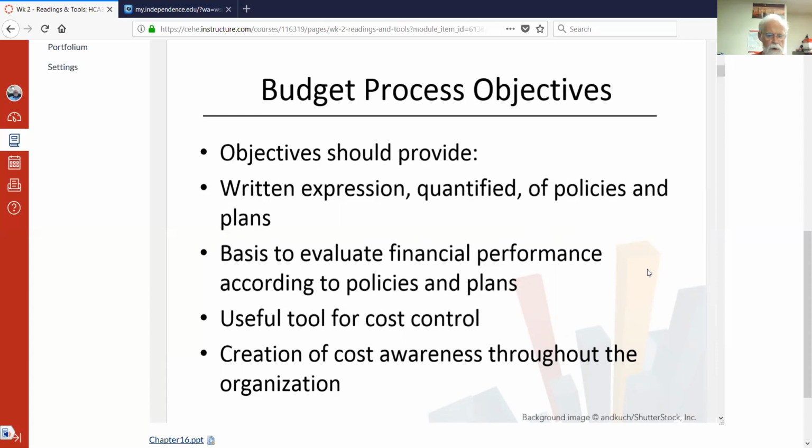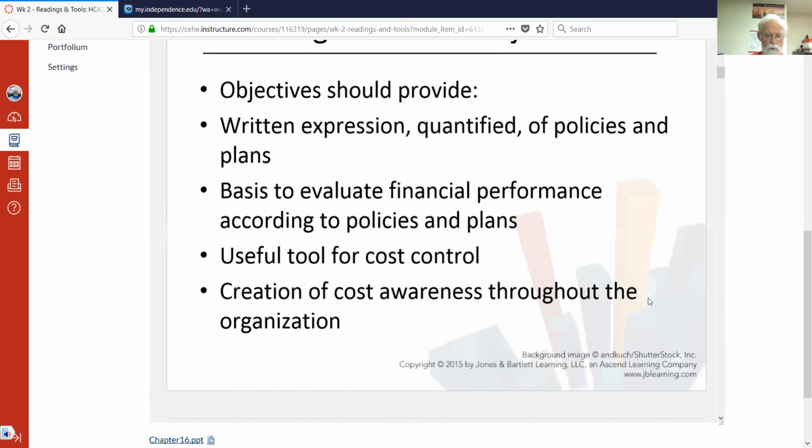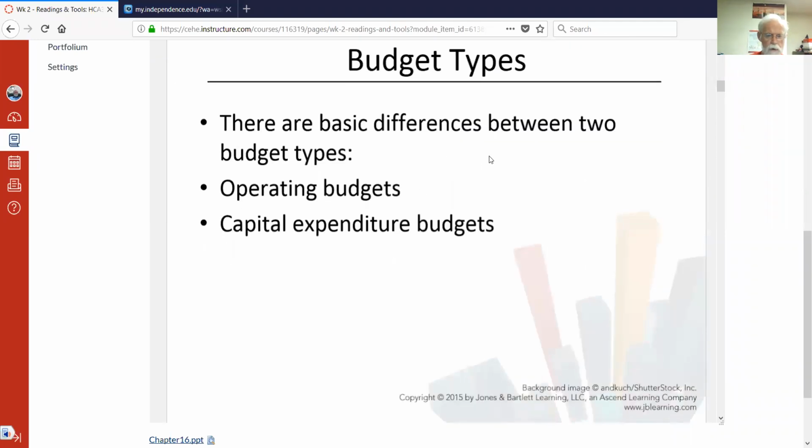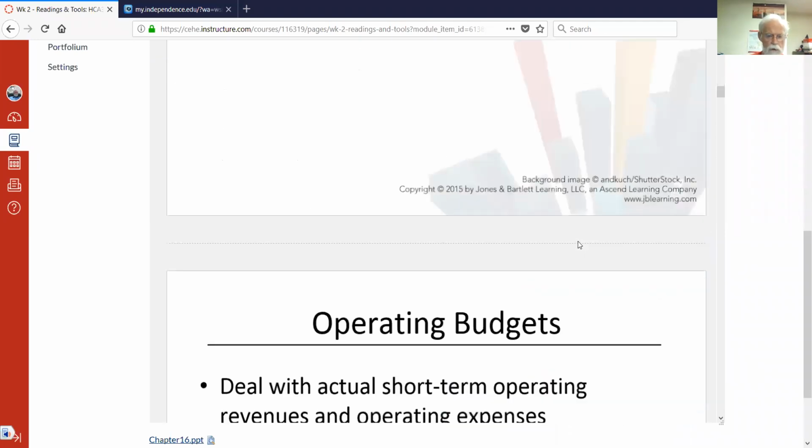People within the organization actually need to understand the budget so that they can be aware of their part in controlling costs and delivering proper care. I said there are two different types, operating and capital expense.